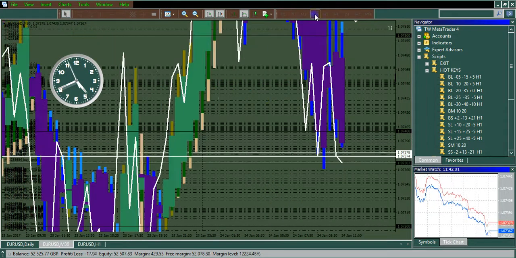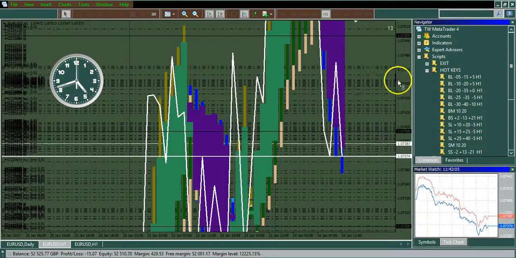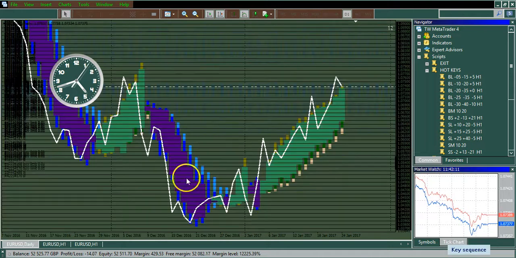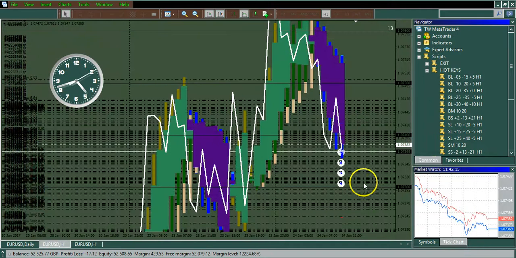So you know this is the low. You got buy limits sitting down here to buy lower. Like this. You're just going to buy down here like this.